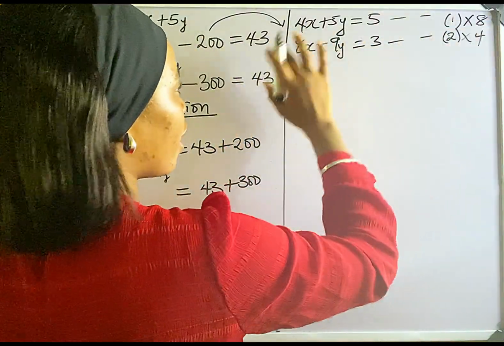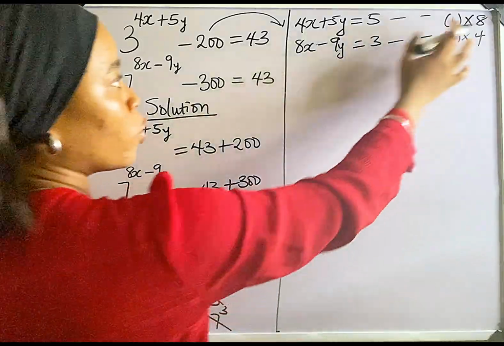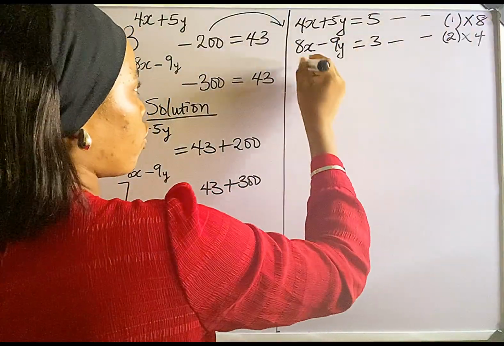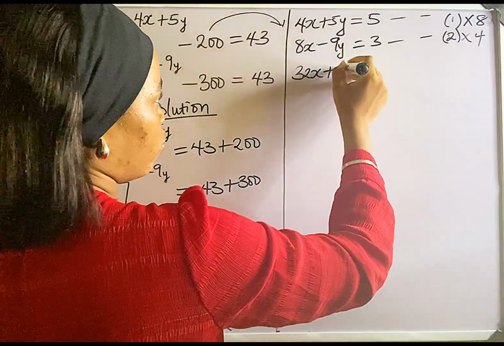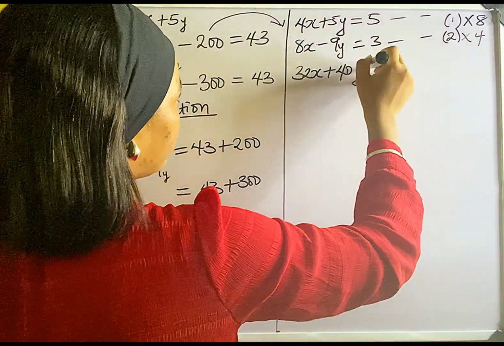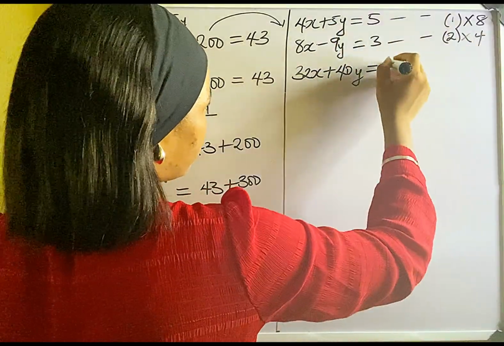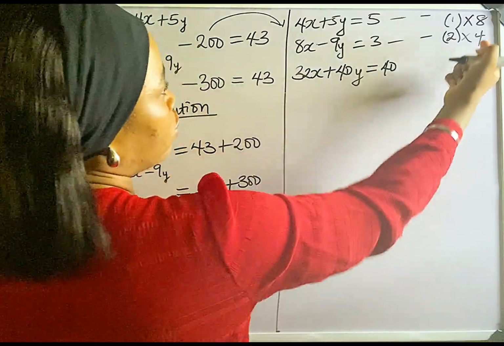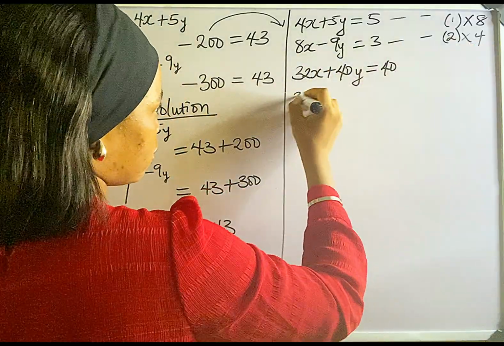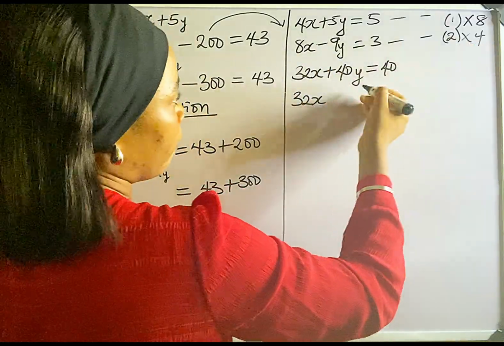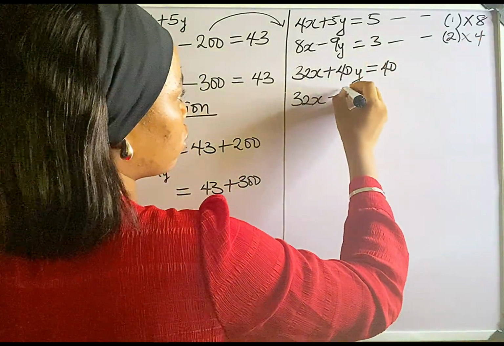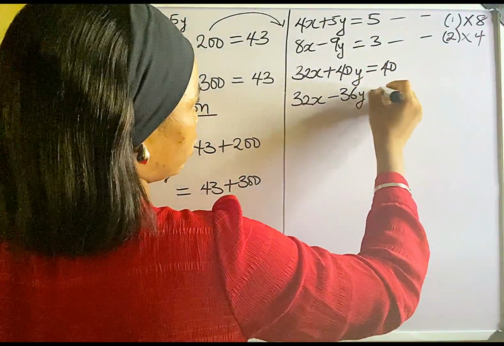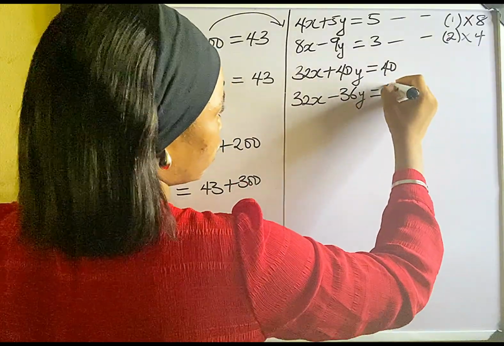So that I'll have a new equation, which is 8 times 4x, that gives me 32x, plus 8 times 5y, that's 40y, equals 8 times 5, that's 40. And then we have 4 times 8x, that's 32x, minus 4 times 9y, that's 36y, equals 4 times 3, that's 12.